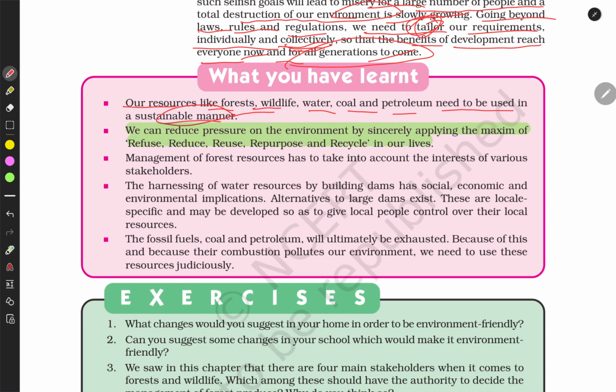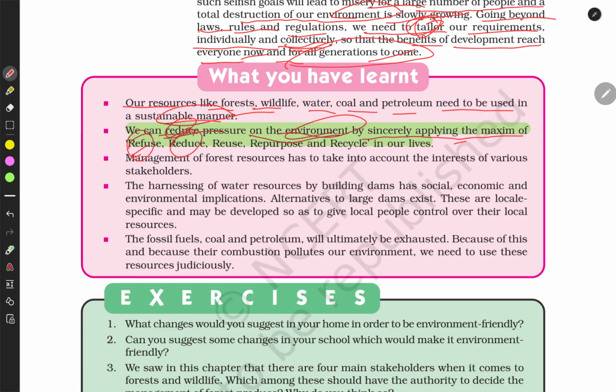We can reduce the pressure on our natural resources by this 5R formula. Refuse those products which we don't need.